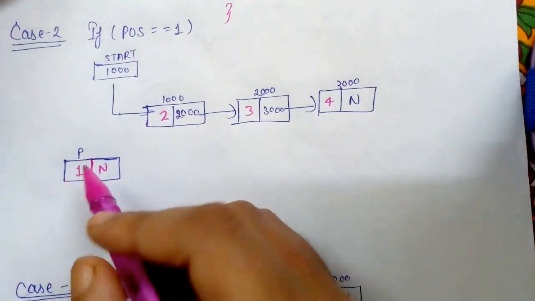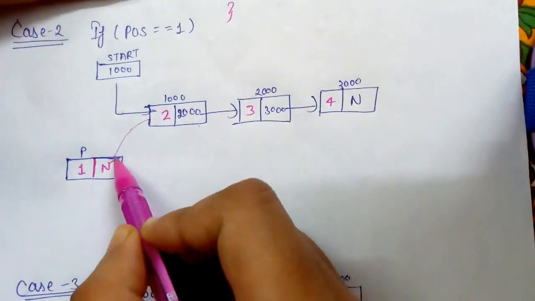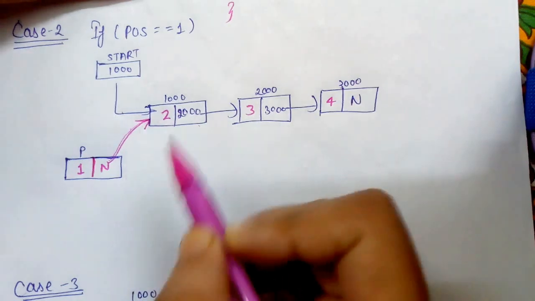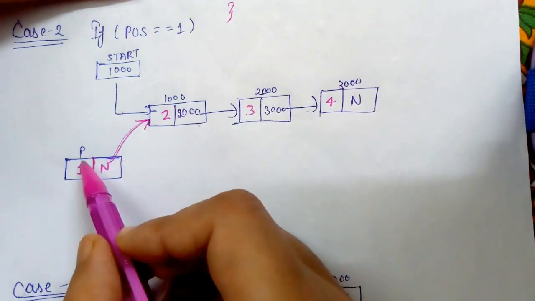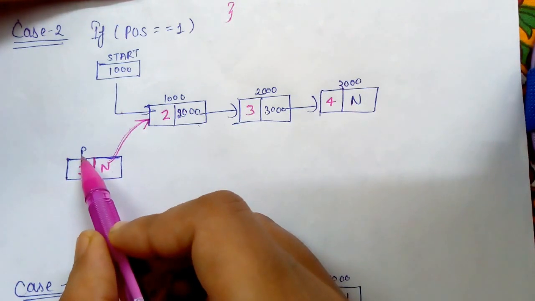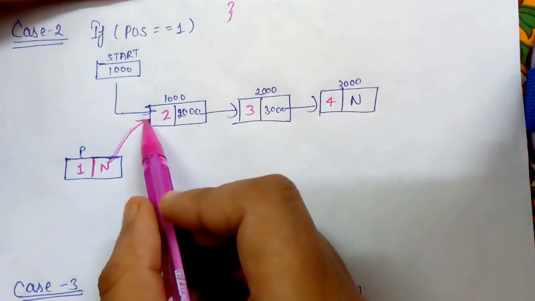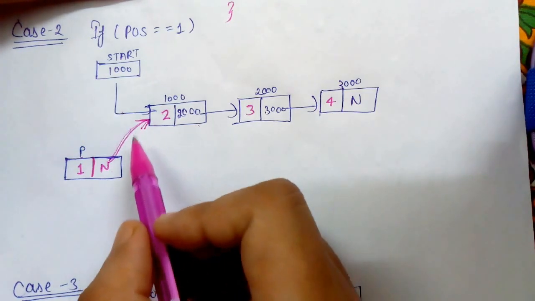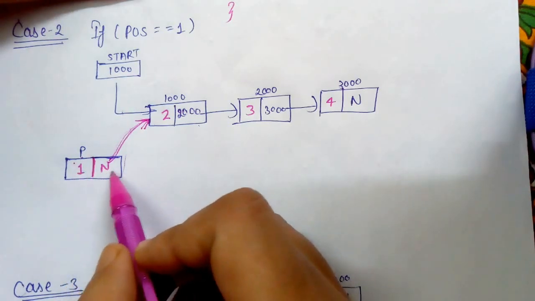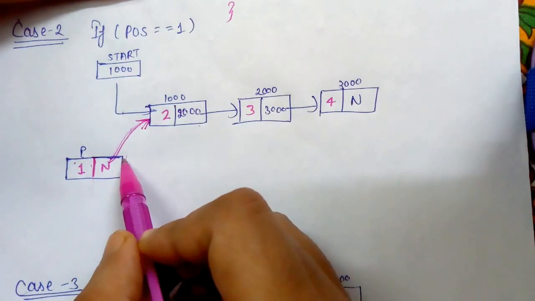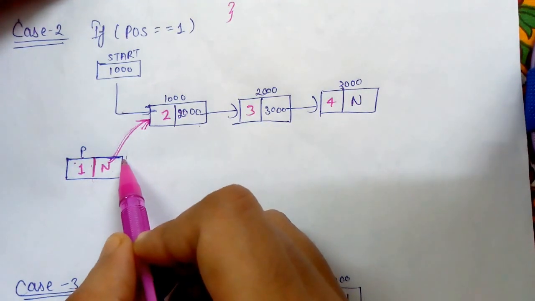If I want to insert this node at this position, the link part of the P node should point to the next node, that is 1000, because in the linked list, as we all know, the link part of a node will always point to the next node in the linked list.